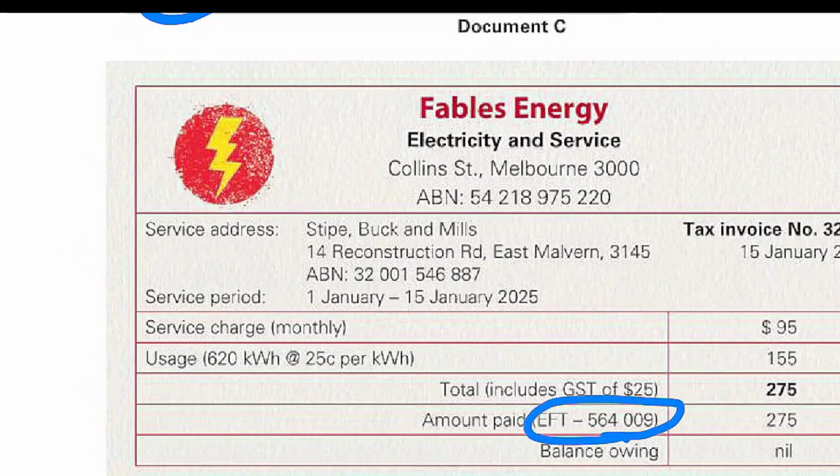How do we know? Money has been received from this EFT, and they are saying amount paid and balance owing nil.